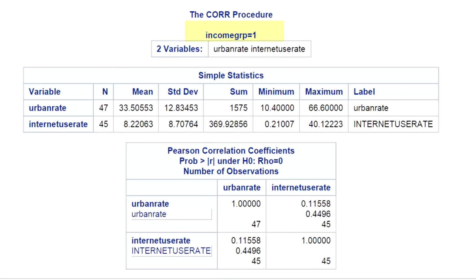When we examine the correlation coefficients between urban rate and internet use rate for each of the income groups, we find the following. For the low income group, the correlation between urban rate and internet use rate is 0.11, and the p-value is not significant.